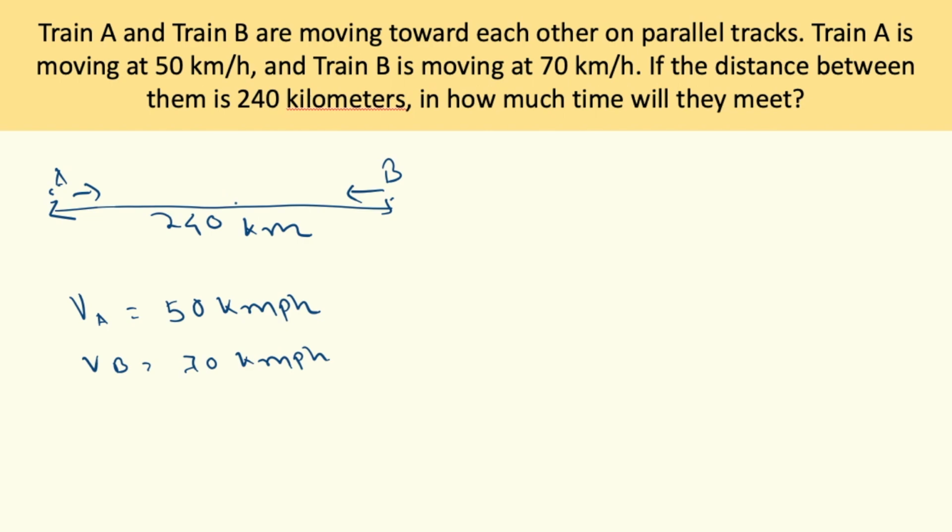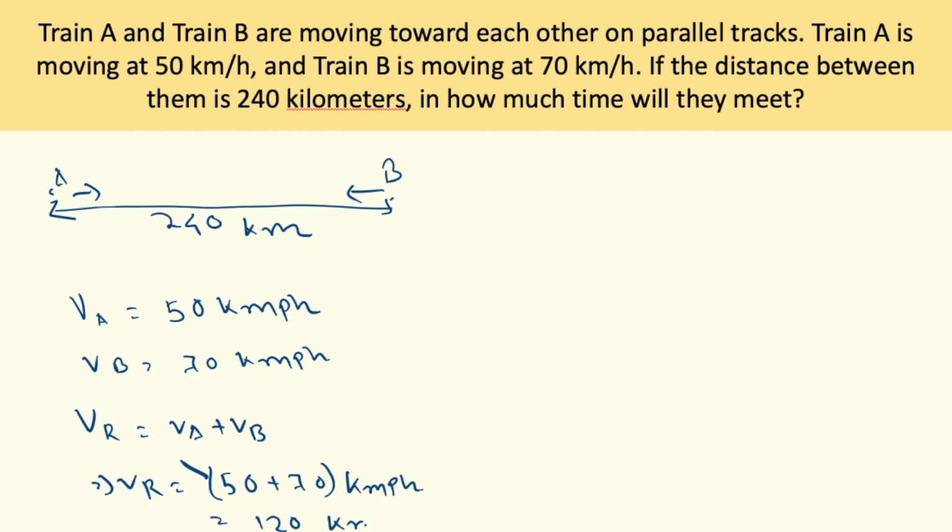Hence, they are assisting each other in closing the gap. So the relative speed would be VA plus VB. So V relative equals 50 plus 70 kmph, which gives me 120 kmph.